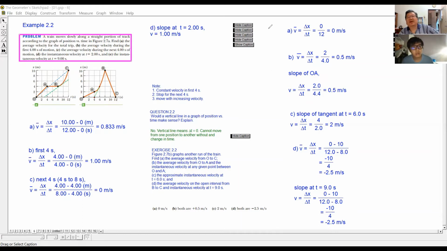So can you find the gradient at this point? They have already drawn the tangent for you, the green dotted line. How much is the vertical distance there?